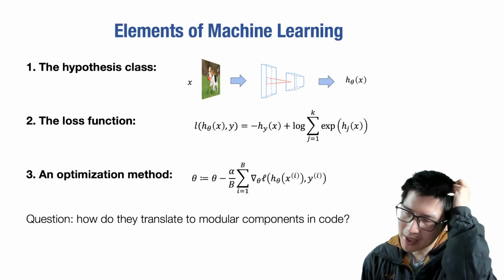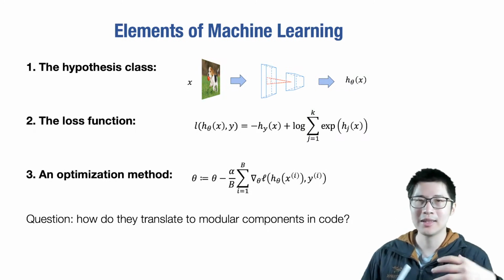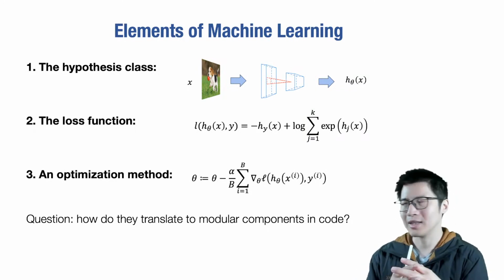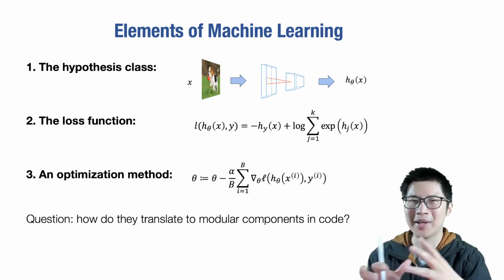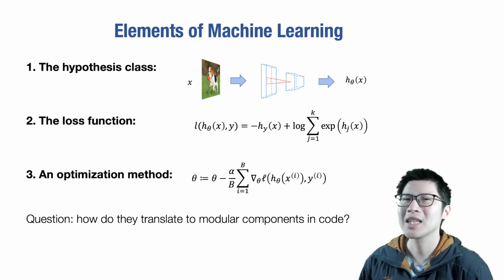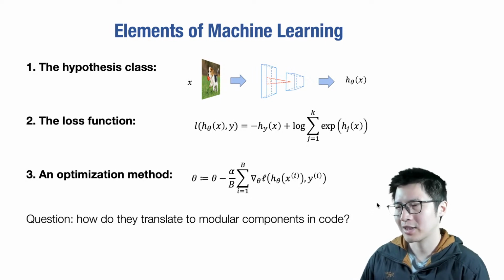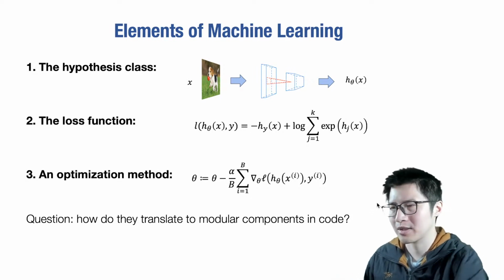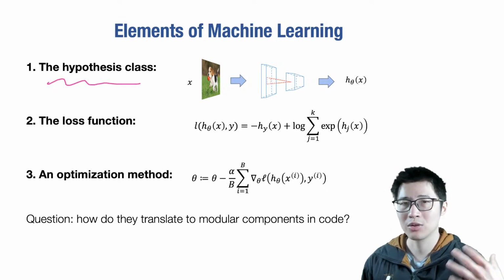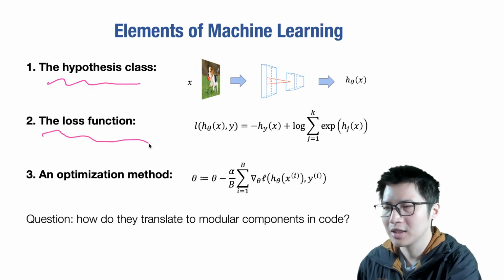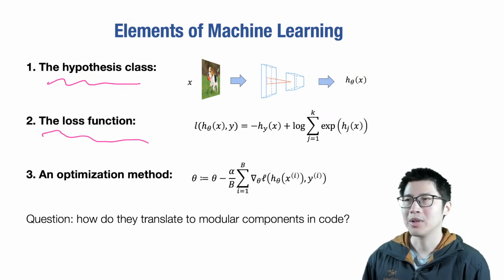One thing I want to remind everybody, coming back to machine learning, is that it is not a single cluster of things where you have to implement every part of it. Machine learning itself is very modular. Specifically, every machine learning algorithm comes with at least 3 elements. There is a hypothesis class that takes your input and gives you a prediction. There is a loss function that takes the hypothesis and the label and measures how good your prediction is.